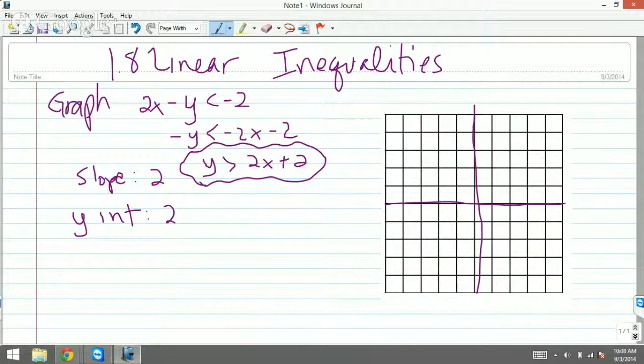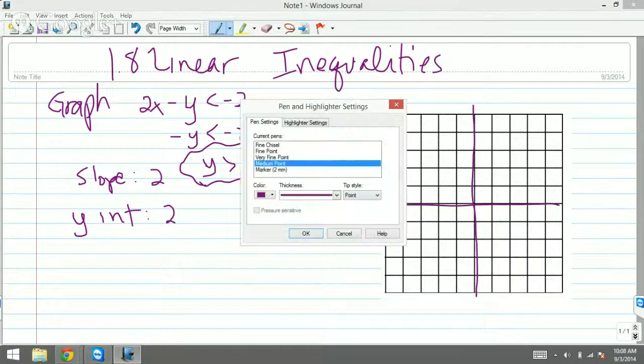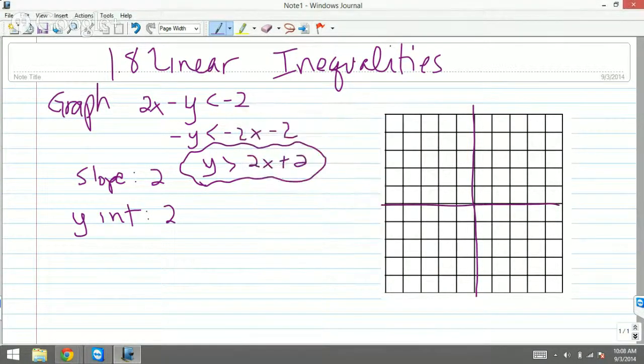Ooh, that one's lovely. What? Anybody? The line is dotted because it's strictly less than. Yeah, dashed. So, not quite. So that means it's dashed.